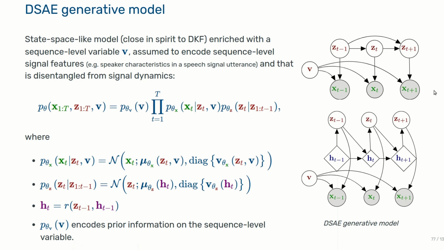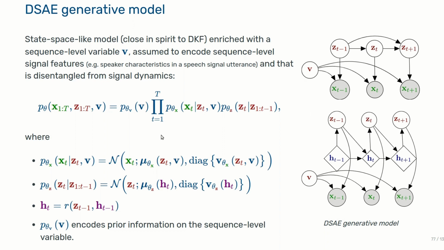The disentangled sequential autoencoder, as its name indicates, is very similar to a state space model, but it is enriched with a sequence-level variable, V, that is assumed to encode properties that are constant all along the sequence, and therefore it should allow to disentangle those static properties from those dynamic properties that should now be encoded by Z.